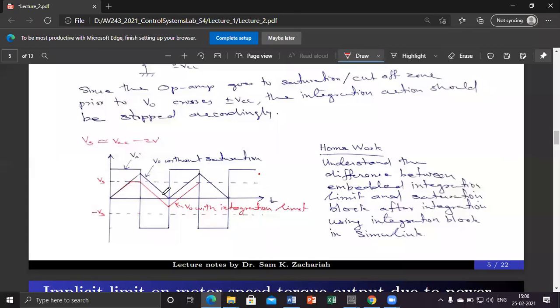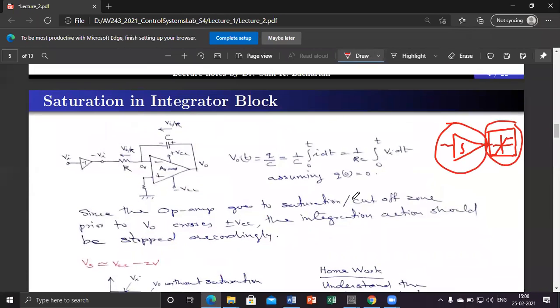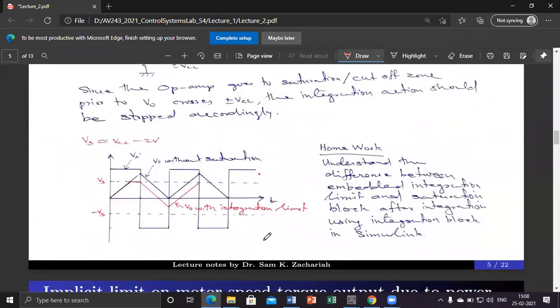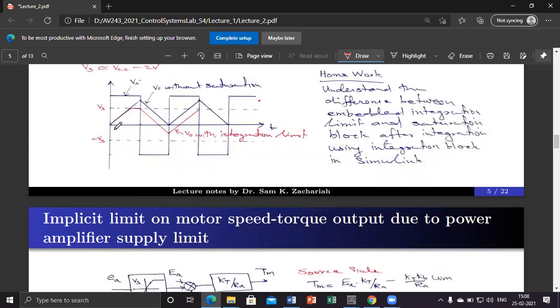As I have shown, you first pass the signal through the ideal integrator, then put an explicit limit. Then what will happen is, first you will get this as the output of the ideal integrator. And when you put an explicit limit, it will get limited like this.